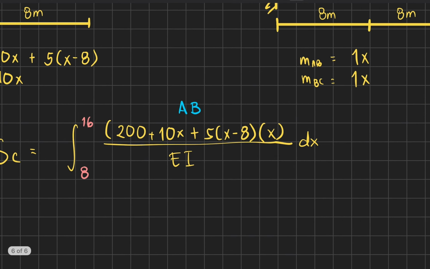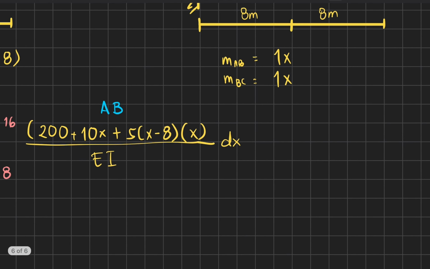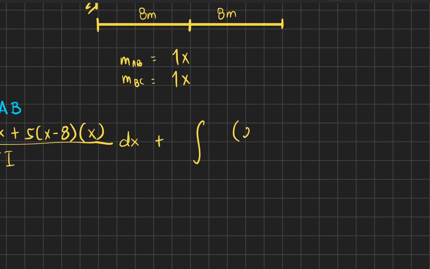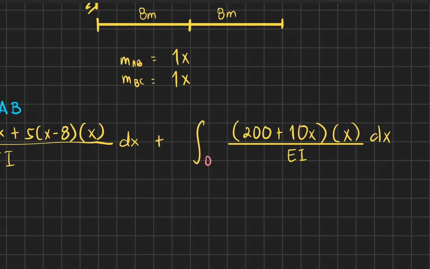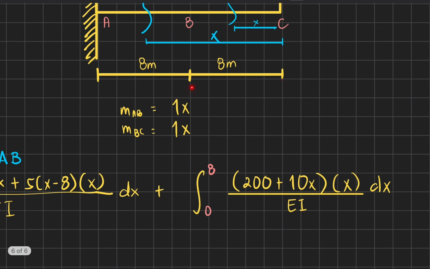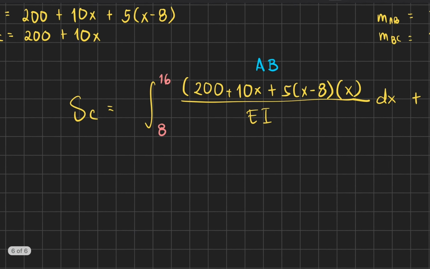That's why it's 8 to 16. And next, plus integral of 200 plus 10x times x dx over EI. This time, this is 0 to 8, which is the point of origin to 8, and that is for BC.